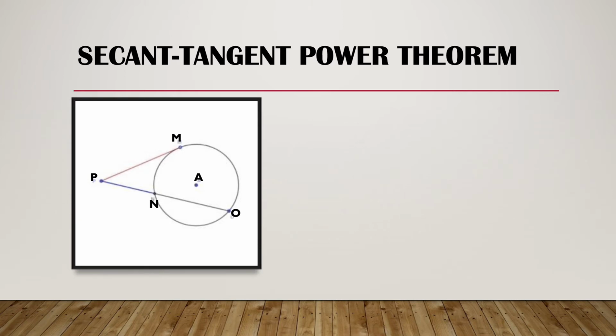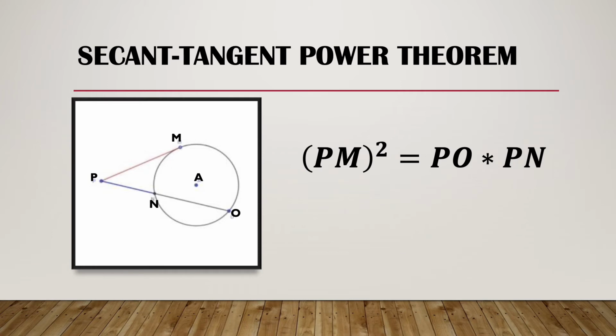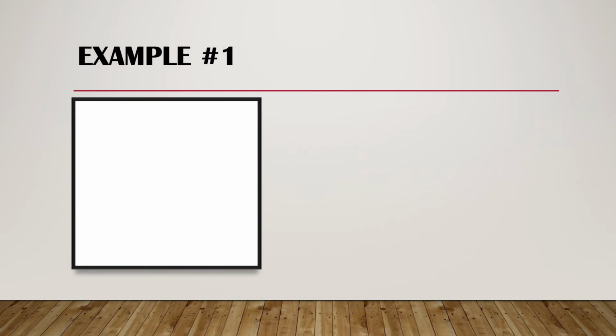What about the external secant segment? PN. Good job. So the equation now is PM squared is equal to PO, the secant, multiplied by PN, its external secant segment.